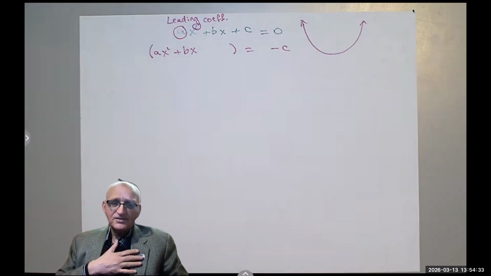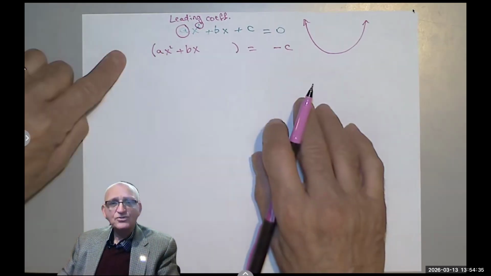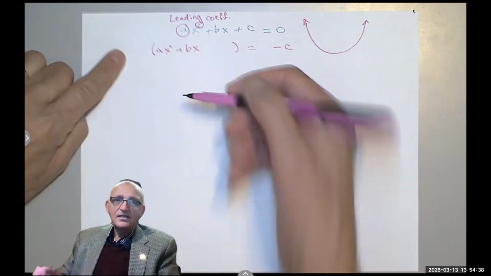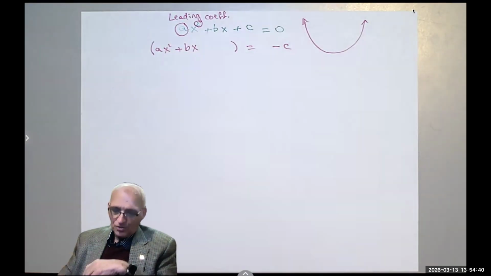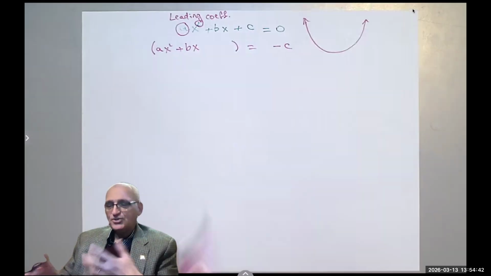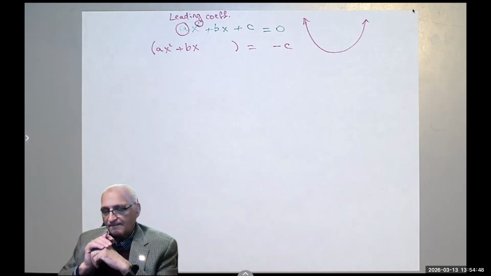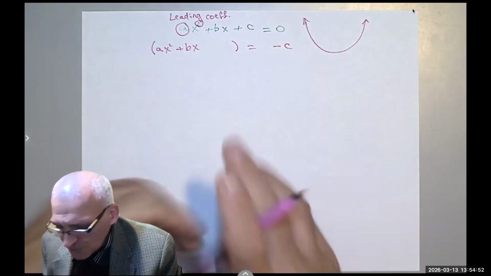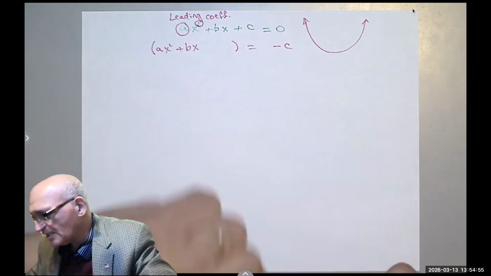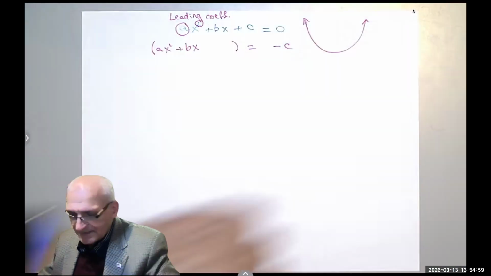There are many ways to complete the square. The method I prefer is to take a out and then divide b by 2 and square it, or the x term by 2, in which case it would be b over twice a, and square it. But instead, let's do something different, which is usually what the books will tell you.